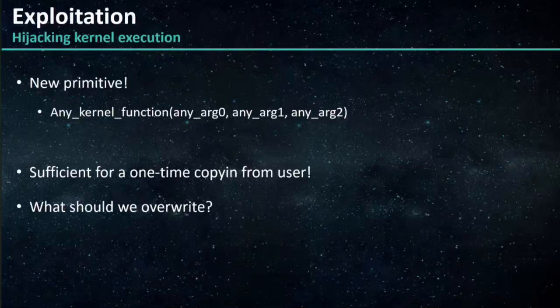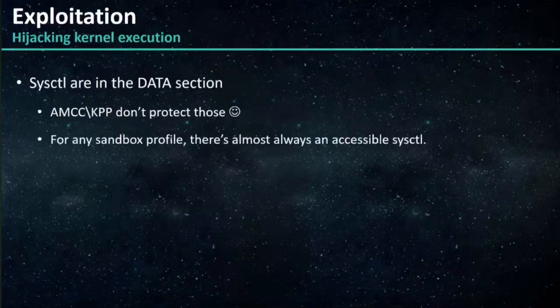So we cannot change vtables because they are constant. But what Apple didn't protect is sysctls. Now, the reason sysctls are not protected is that they are dynamically loaded, and therefore they cannot be static. They cannot be read-only. That's why there are function pointers which Apple did not protect, and we can override it.